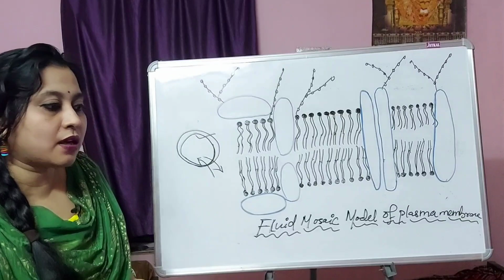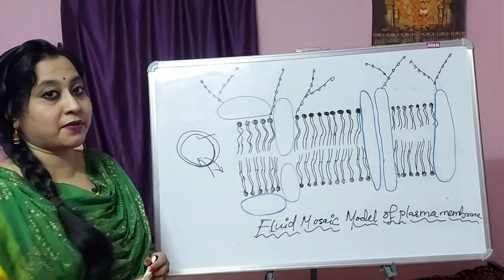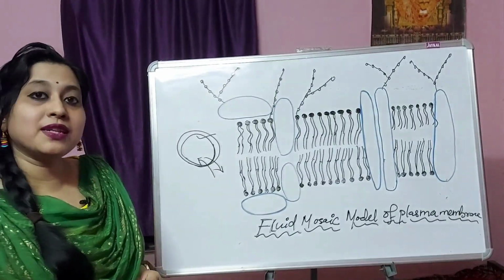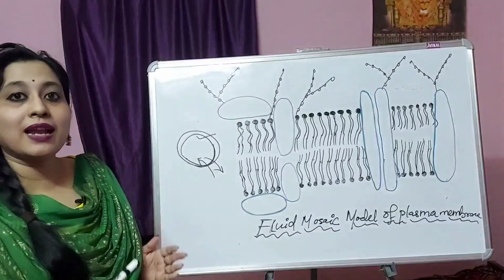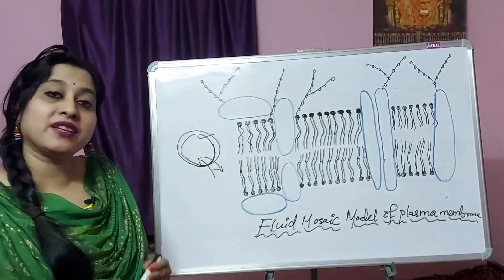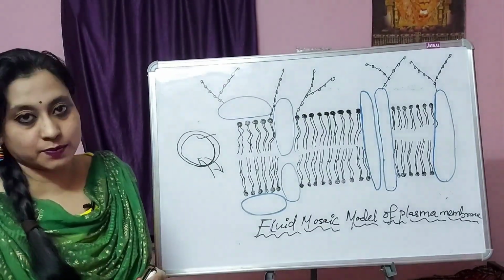Other kinds of diffusion also take place through the plasma membrane, that is facilitated diffusion. Facilitated diffusion is done by special types of carrier proteins, and these are all passive transport. So the plasma membrane helps in exchange of substances through active transport and passive transport.